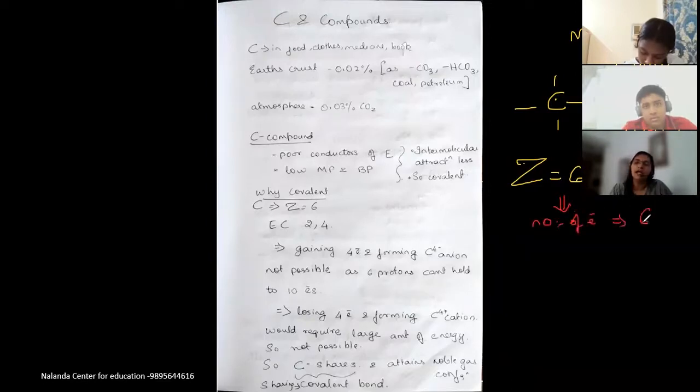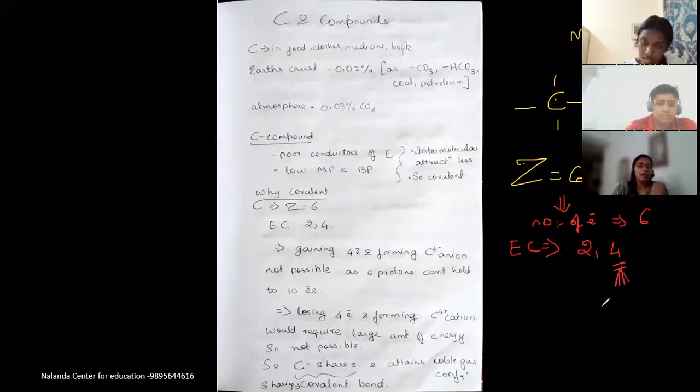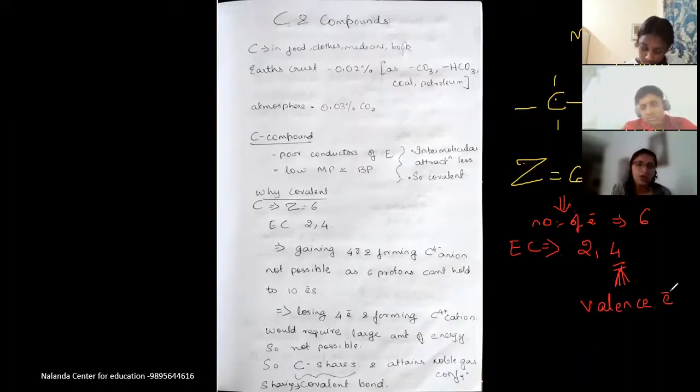The electronic configuration is going to be 2,4. Now this is our hero. The number of electrons in the outermost shell is known as the valence electrons.